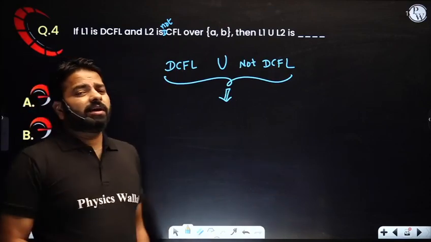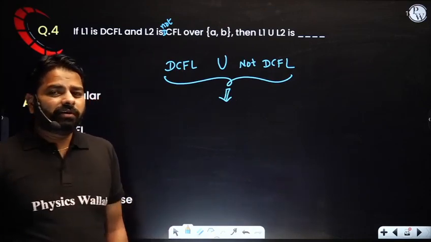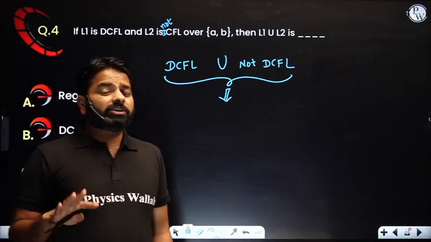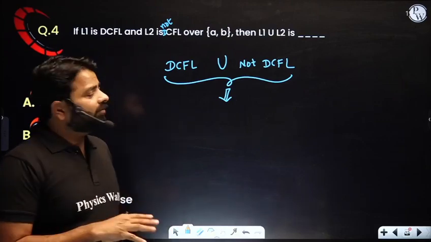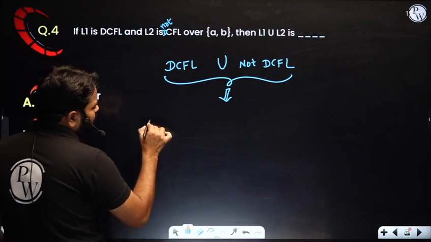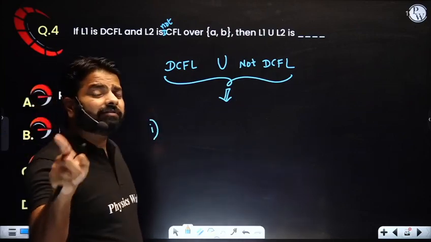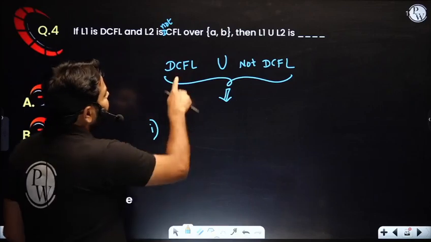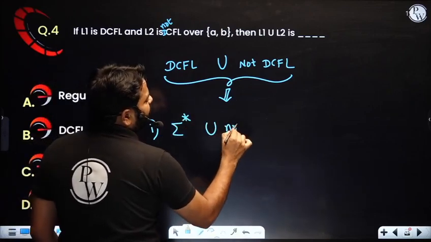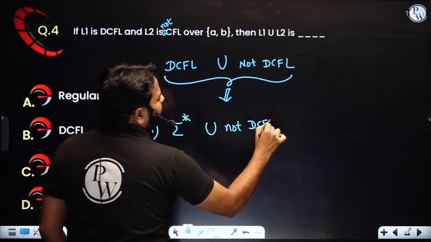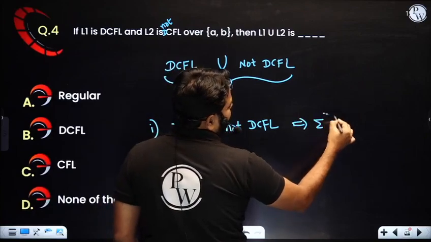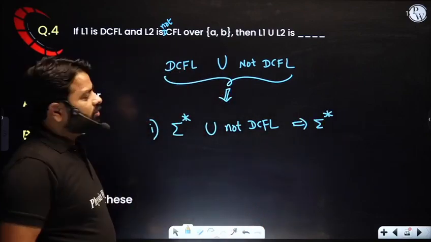L1 is DCFL and L2 is not DCFL. So what can you answer? Is it always DCFL? Is it always not DCFL? Very simple question. Let's try. The first one: is there any example which gives DCFL? I may take, let's say, sigma star, union some non-DCFL, which could be WW power R. The answer will definitely be sigma star if you are taking it over sigma, so you even got a regular answer.